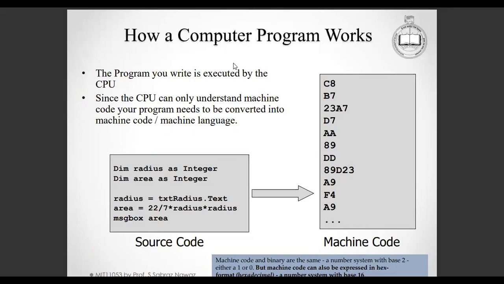Okay. So now we have to think about this part: how actually a computer program works. Any idea? Even though I'm showing the slide, you tell me. What's your understanding of how a computer program works?